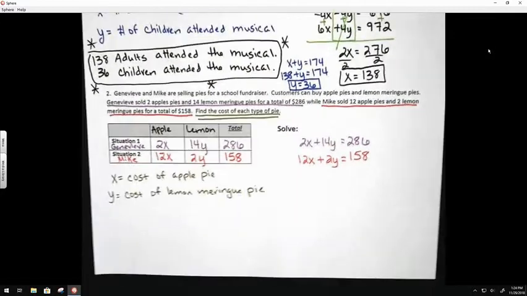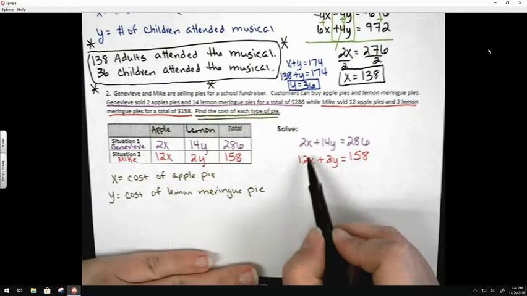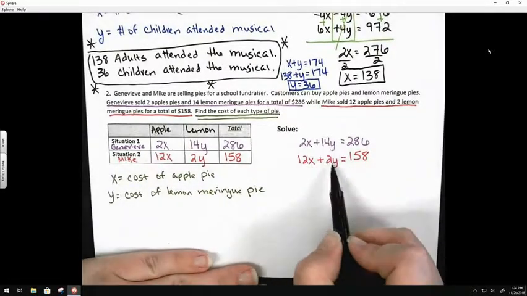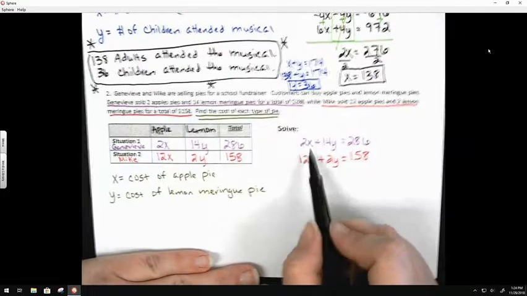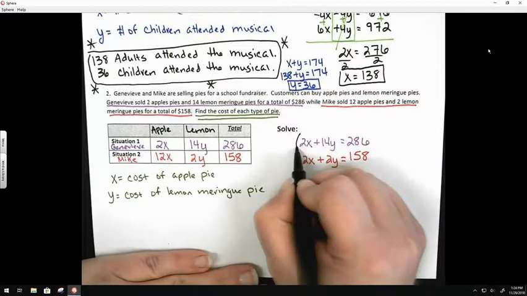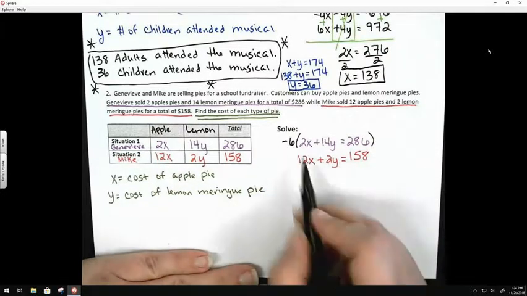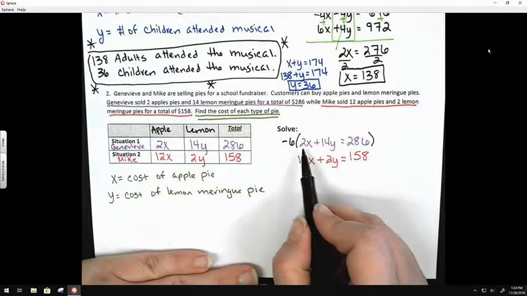So this is a review then of what you guys tested on before we went on Thanksgiving break. So if I want to cancel one of these, well, 2x, 12x, 14y, 2y, I think I'm going to cancel the x's because I know that if I multiply 2 by 6, it'll turn it into a 12. And if I just make it a negative 6, it'll turn this x into a negative 12x.